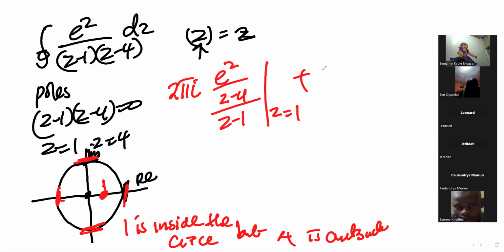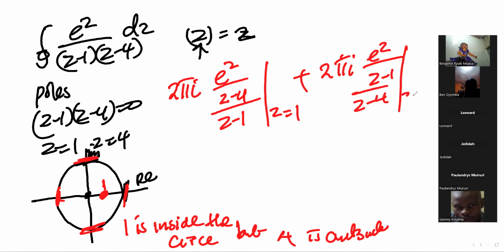Then plus 2 pi i times z over z minus 1, then over z minus 4, then z equals 4.